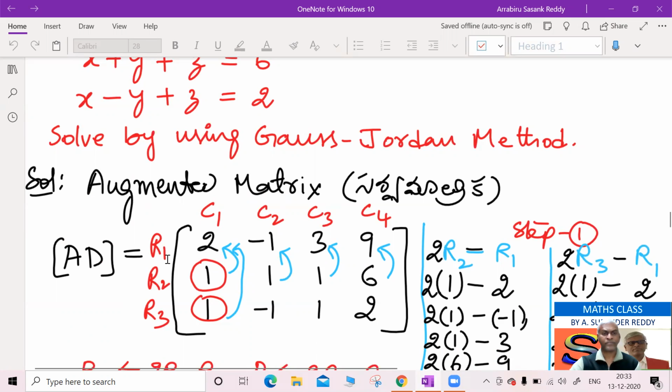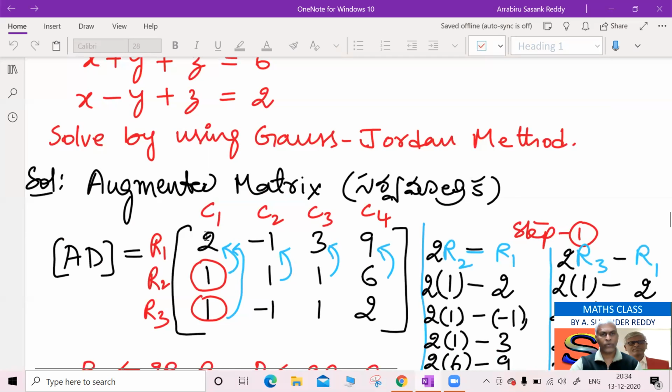In step 1, R1 is constant. We are not changing R1 and we have to change R2 and R3. With the help of R1, we have to prepare a suitable row transformation formula so that the first element of R2 will become 0.